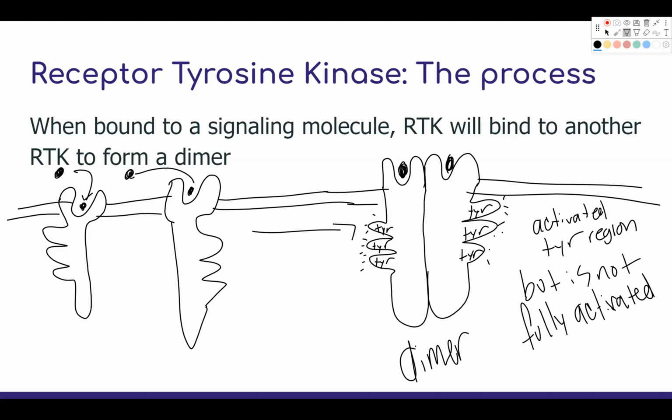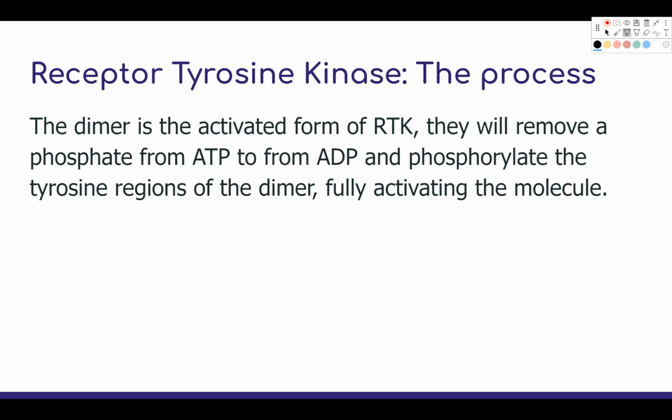So what happens next? The receptor tyrosine kinase does what a kinase does. It hydrolyzes ATP and transfers those phosphate groups to those little tyrosine regions. So, our dimer is the activated form of.